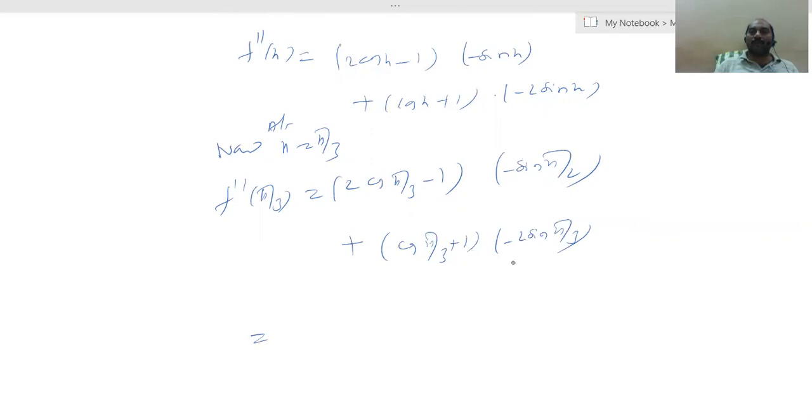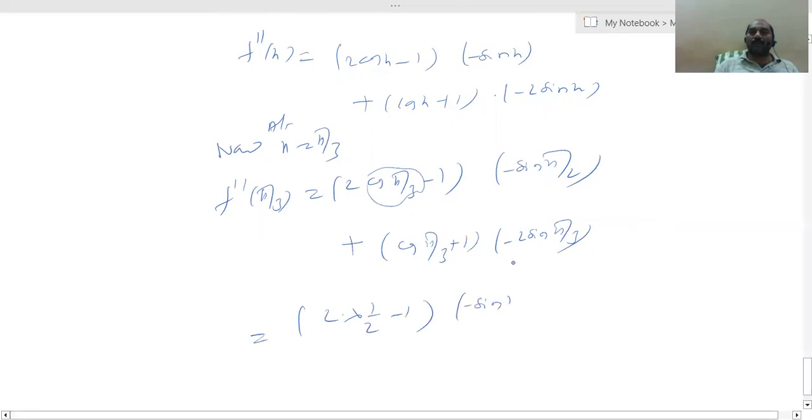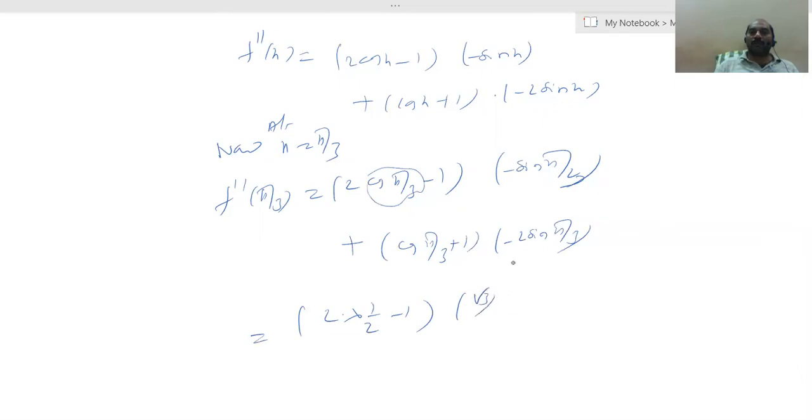So cos pi by 3 value is 1 by 2. 2 into 1 by 2 minus 1 into minus sin pi by 3. Sin pi by 3 means root 3 by 2. This is the first term value. In here, the second term value is 1 by 2 plus 1 into minus 2 times root 3 by 2.